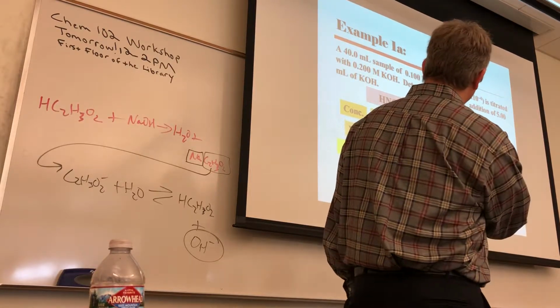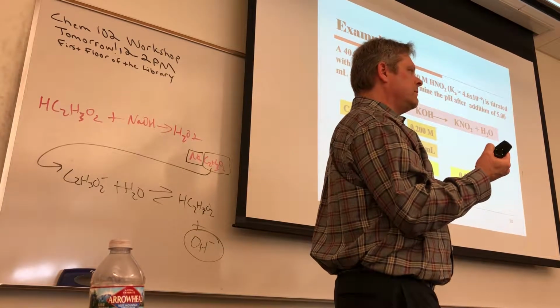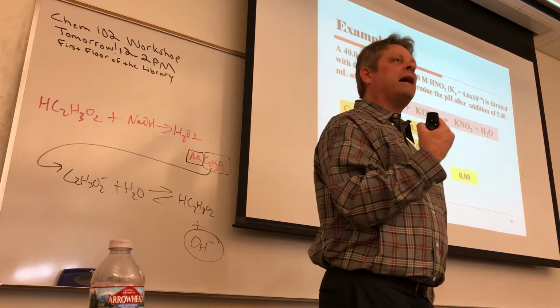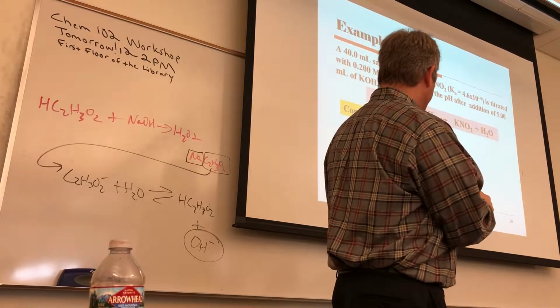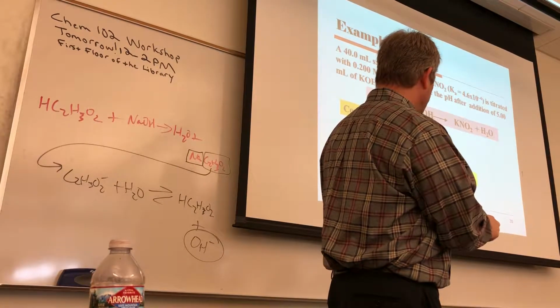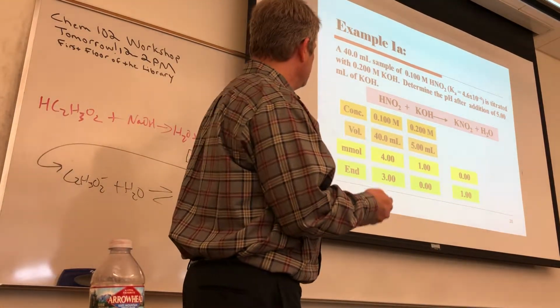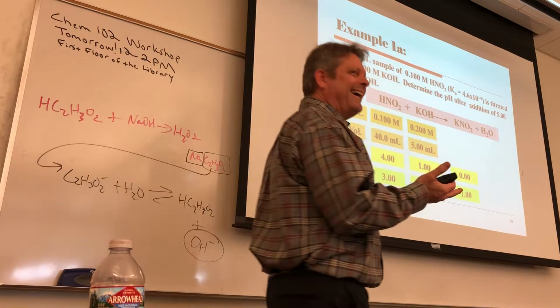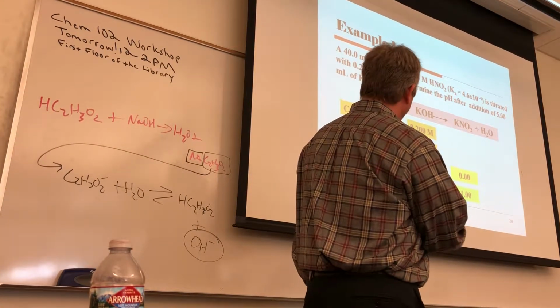This is a weak acid, strong base, different than a strong base and a strong acid. I'm starting with a weak acid, not a strong acid. So now the same titration kind of thing. Now I get the 3 and 1, what do I have now?